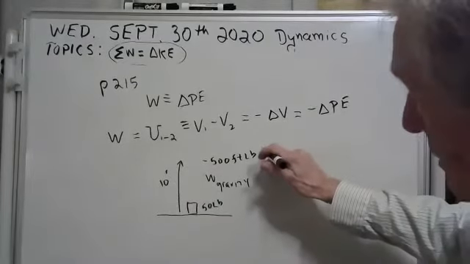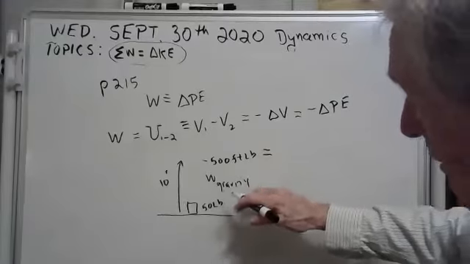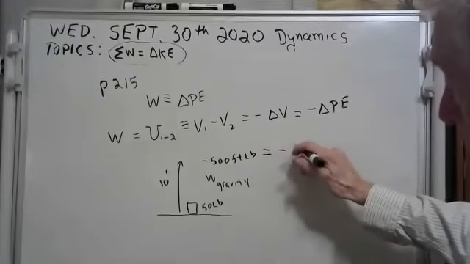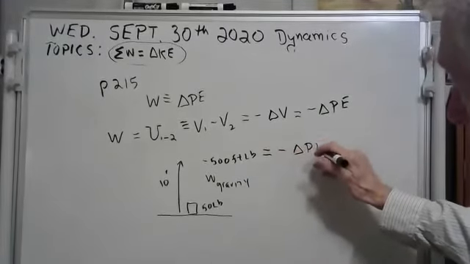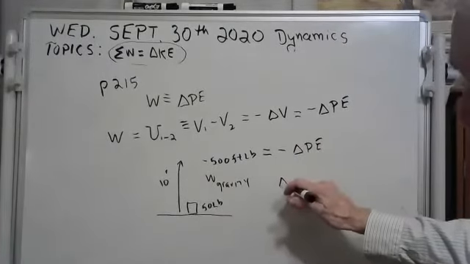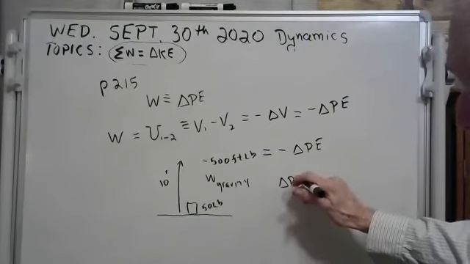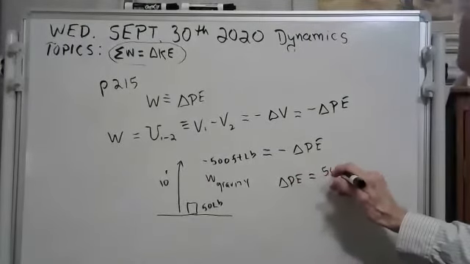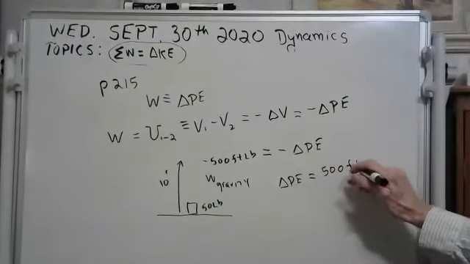And this work done by gravity is equal to the negative of the change in potential energy. So you guys took algebra, you know what the change in potential energy is. It's a positive 500 foot-pounds.